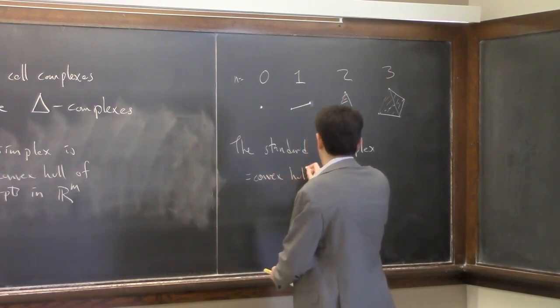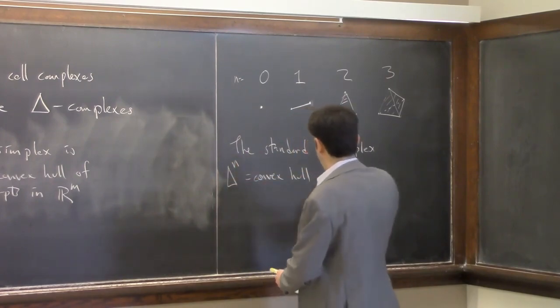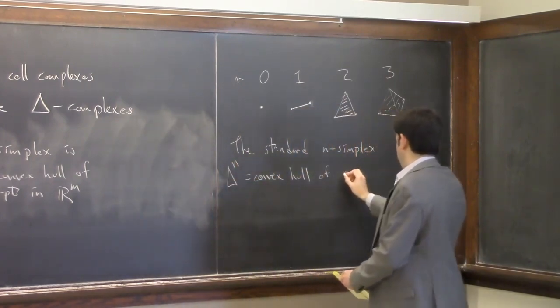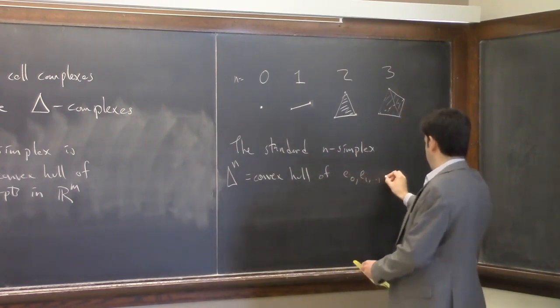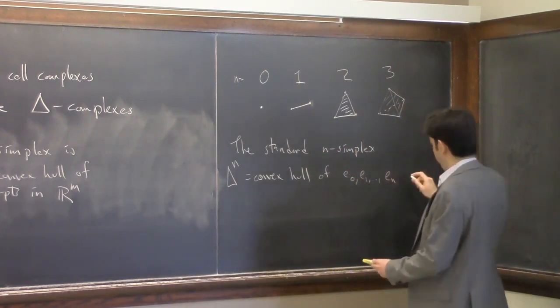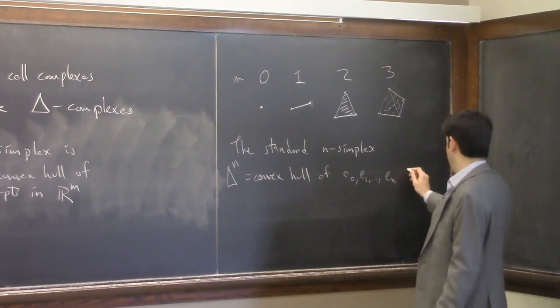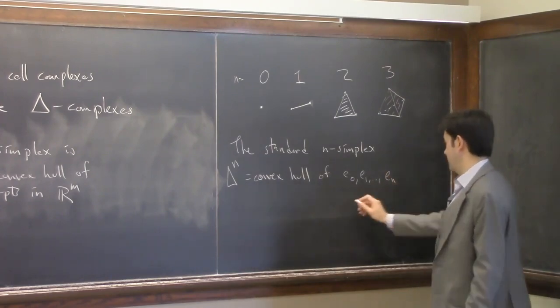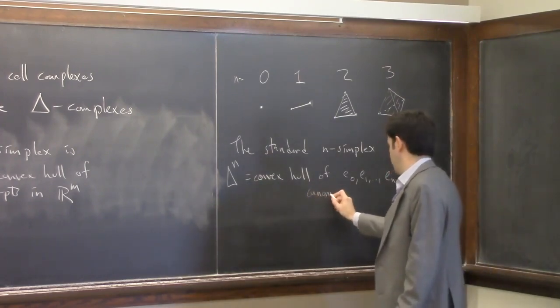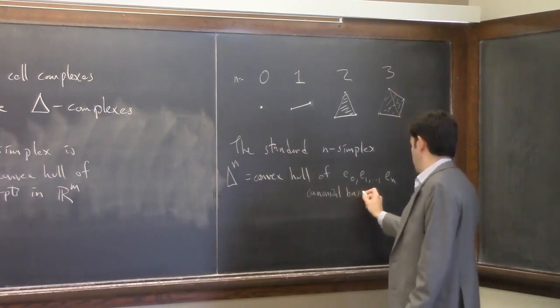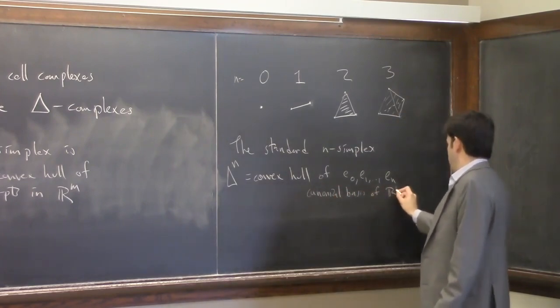We'll denote this delta n, the convex hull of E0, E1 to En, where these are the unit basis, the canonical basis of R^(n+1).